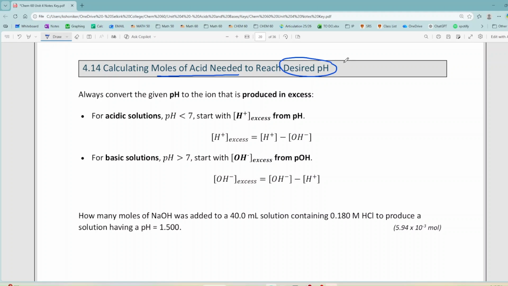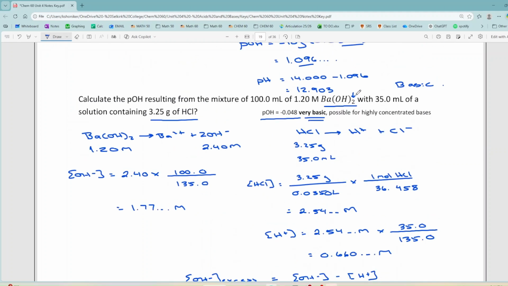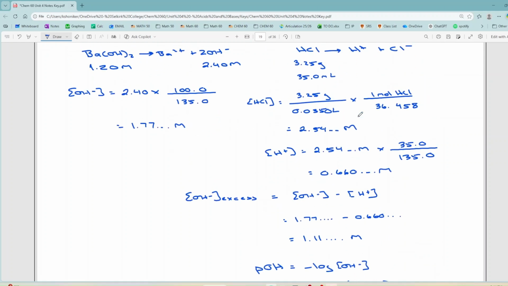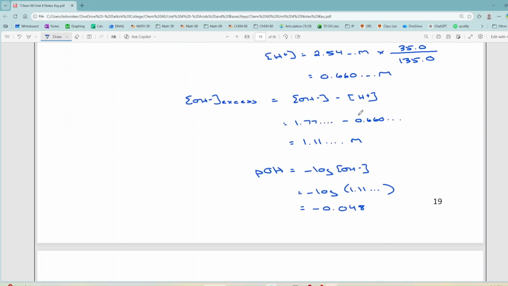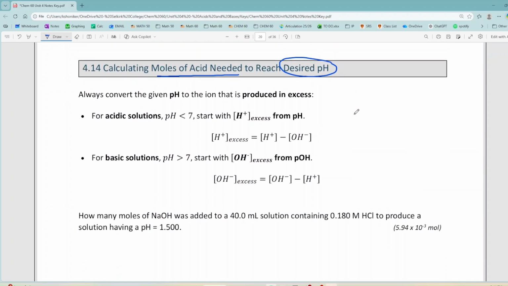So we're going to go backwards. In the questions we did above, we found pH from given concentrations, and now we're going from the given pH or pOH back to the concentrations or mass or moles, whatever they ask us for. This is the one that always gets me, because you're always going to convert the given pH to the ion that was produced in excess.